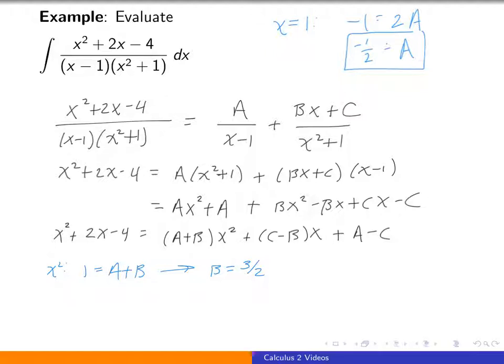And if we go ahead and compare the coefficients of x, we have 2 on the left, and then on the right we have c minus b. Since we know b is equal to 3/2, we know c is going to be equal to 2 plus 3/2. So that would be 7/2. So we now know the values of all three of our unknown constants.